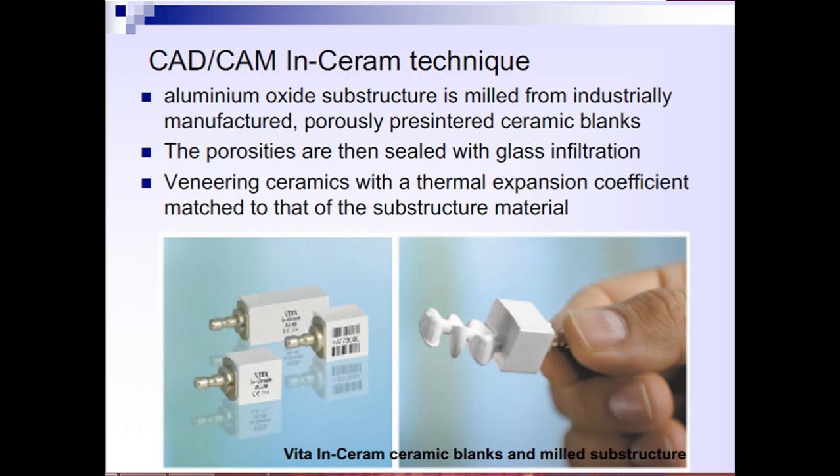they'll be sintered. Because these are partially sintered blocks, we have to sinter them completely. That means we have to get a half baked stage into a completely baked stage, because these materials will have green stick strength, but they won't be able to bear all the occlusion load. So they have to be sintered completely at higher temperatures to get a proper substructure, so that we can veneer our ceramic material onto these substructures.